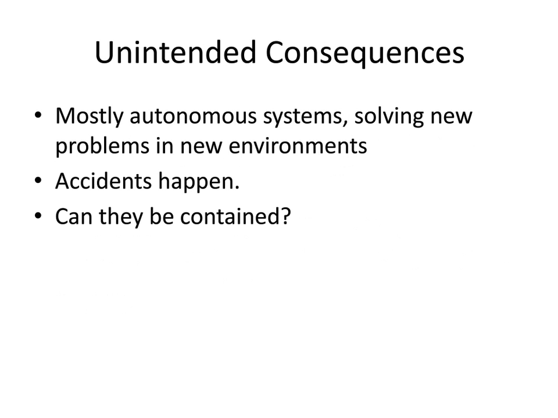So now I want to talk a little bit about how computing and biological concepts are coming together. One thing that we can observe is that as soon as we get autonomous devices that are solving new problems in new environments, we could easily have accidents. There's very little control.